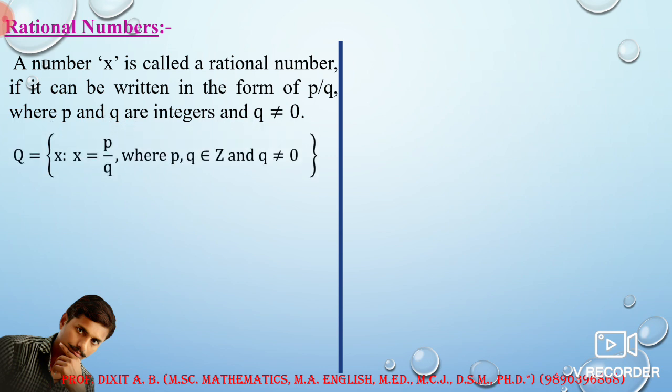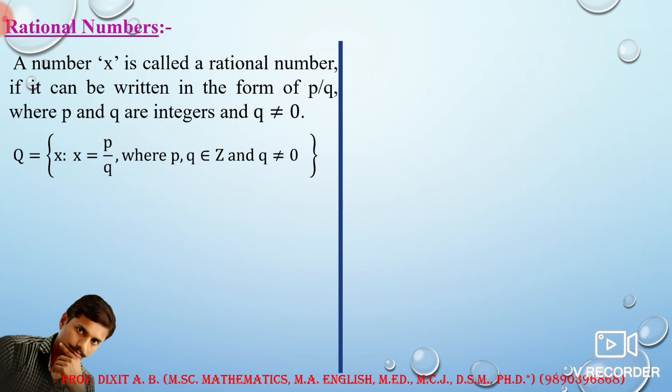That means Q is equal to the collection of x such that x is equal to p upon q, where p and q belong to Z. P and q should be integers and q should not be 0. That means the denominator should not be 0.